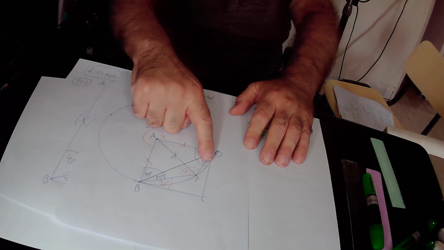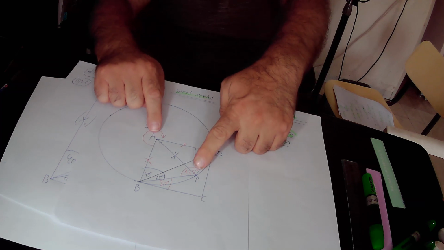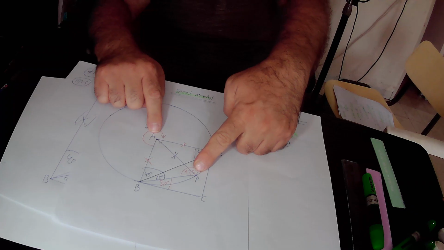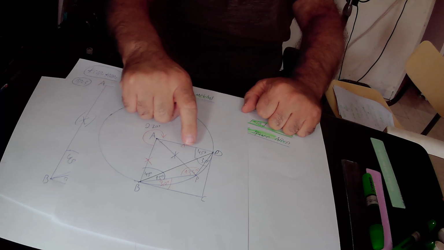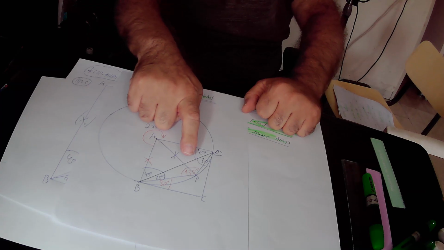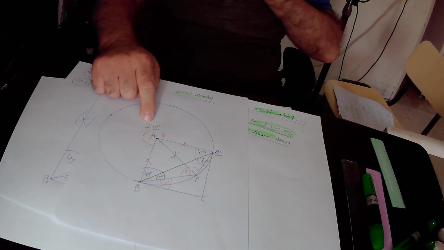So those two angles are both subtended on the same chord DB. Center angle DAB is twice as large as angle DPB. This is 135 degrees. 135 degrees times 2 is 270 degrees.